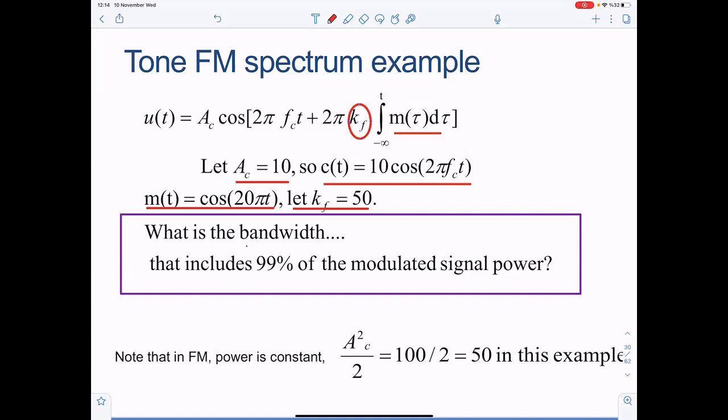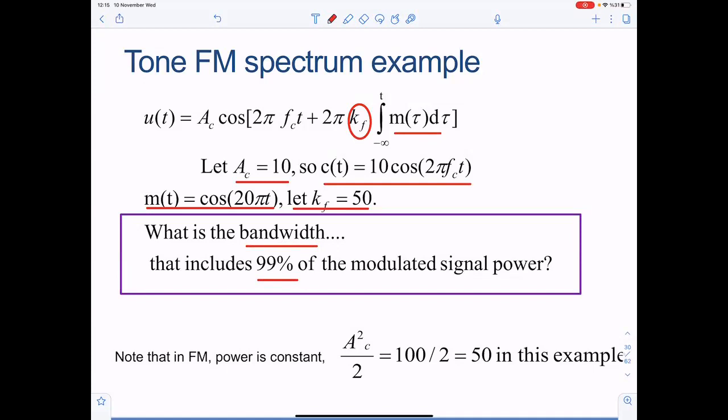The bandwidth that includes 99% of the power in the modulated waveform. Possibly 1% could be neglected. And we can say that the bandwidth is restricted in a spectrum that contains 99% of the power.